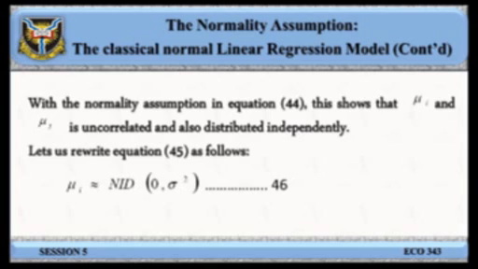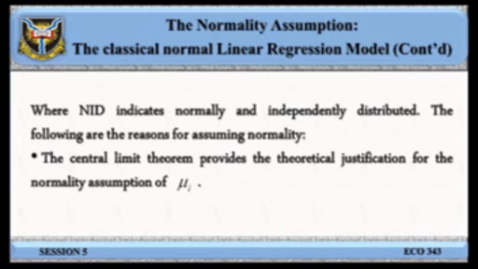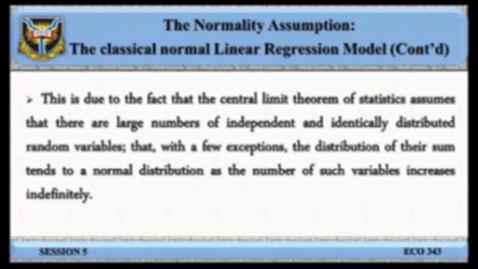Mu i is distributed NID into bracket 0, standard deviation squared, equation 46, where NID indicates normally and independently distributed. The following are the reasons for assuming normality. A. The central limit theorem provides the theoretical justification for the normality assumption of mu i.